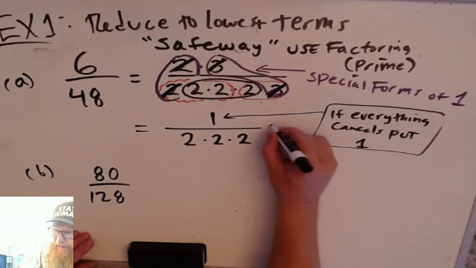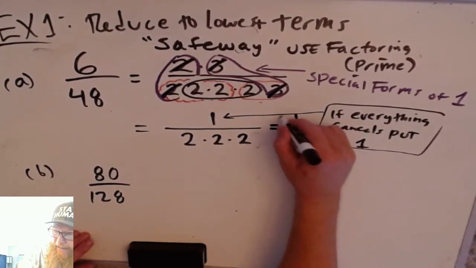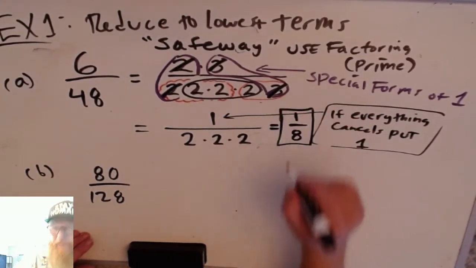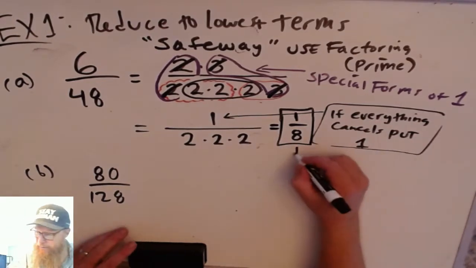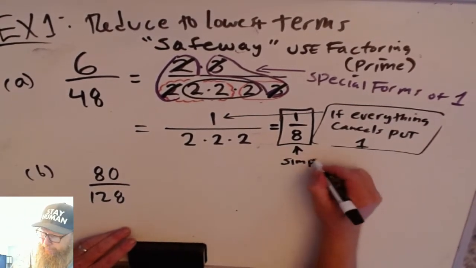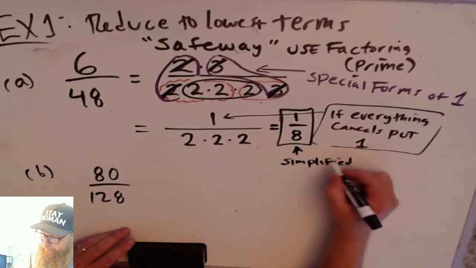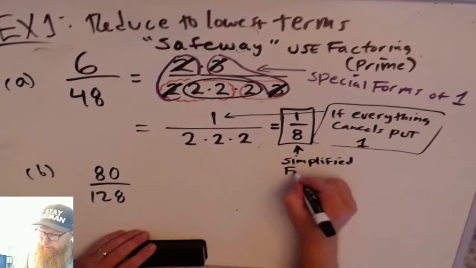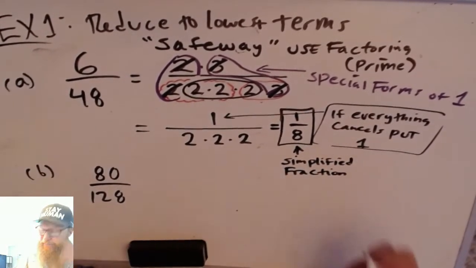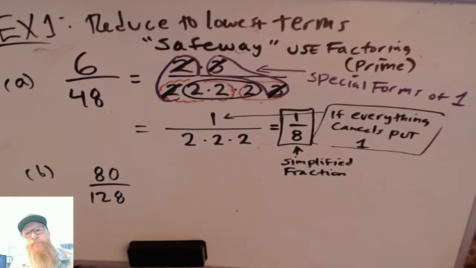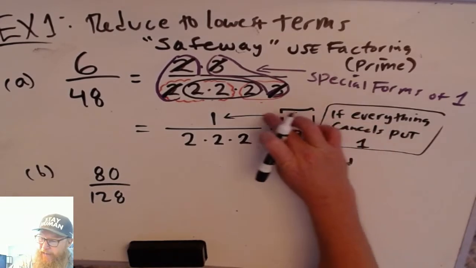And then the final answer is 1 over 8. So that's the result. This is what we call a simplified fraction, 1/8. All right. So that is the safe way.